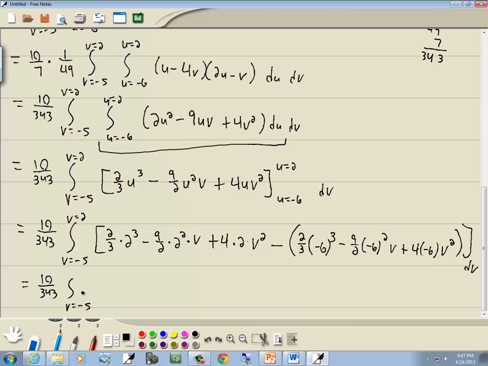Okay, V is equal to negative 5 to V is equal to 2. 2 to the third is 8, times 2 is 16, so that gives us 16/3 minus 2 squared is 4, and that reduces one of these, so that gives us minus 18V plus 4 times 2 is 8V squared minus negative 6 to the third, 216.